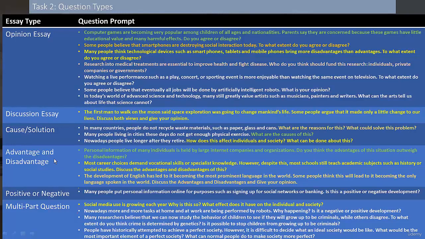Now, those 2 questions, advantage, disadvantage with opinion, or do the advantages outweigh the disadvantages, are answered the same way, but you see different language with general than you do with academic. But structuring an essay, forming an essay, the rubric is exactly the same.